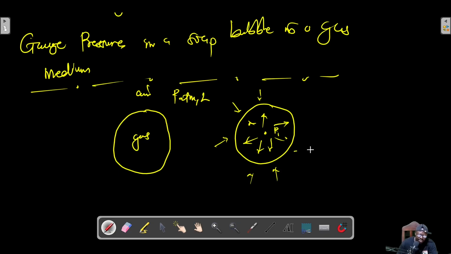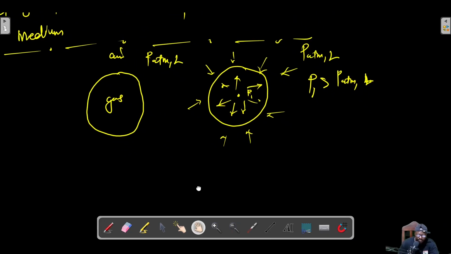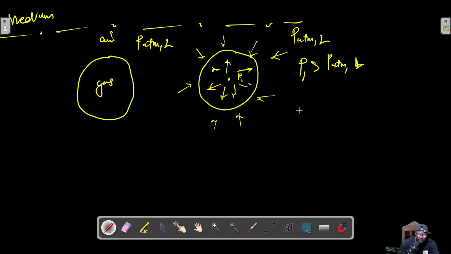The outer pressure is the local atmospheric pressure. Now we know the pressure at the concave side is greater than the pressure at the convex side. There will be pressure discontinuity. So the change in pressure, P1 minus P atm local, is basically your gauge pressure.